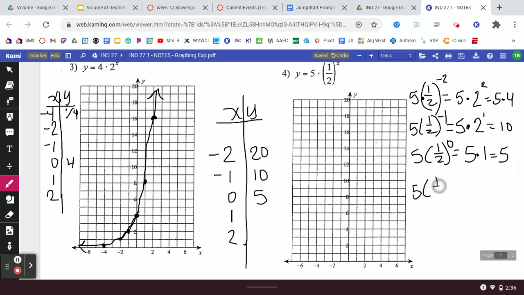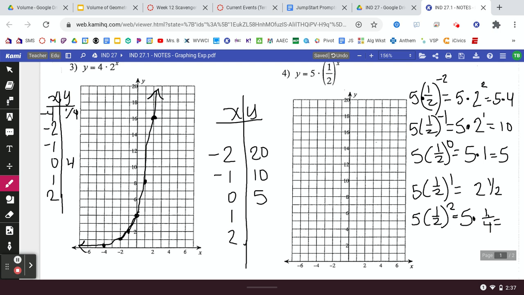5 times 1/2 to the 1. Well, 1/2 to the 1 is just 1/2. And then 5 times 1/2, half of 5 is 2.5. And then lastly, 5 times 1/2 to the 2. I'm going to leave that 5 times alone right now. 1/2 squared is 1/4.